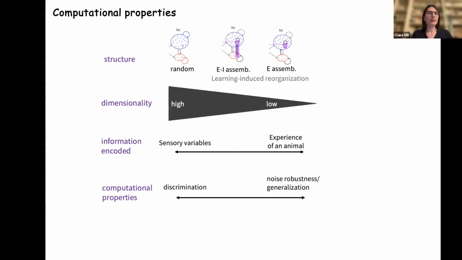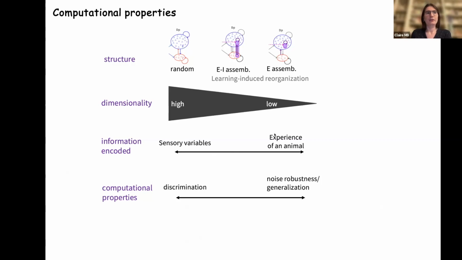So now let me briefly discuss the computational properties of these networks. We have seen that EI assemblies reorganize odor-evoked activity in neural population state space. If we think in terms of information encoded, we can think of EI assemblies as retaining information about both the experience of an animal and information about sensory variables.